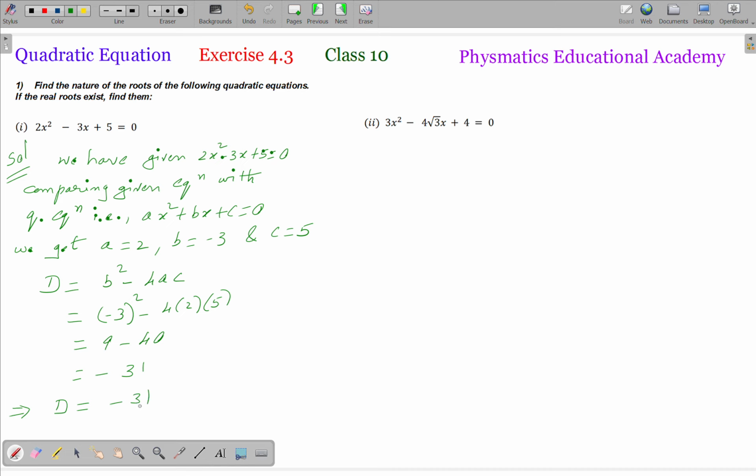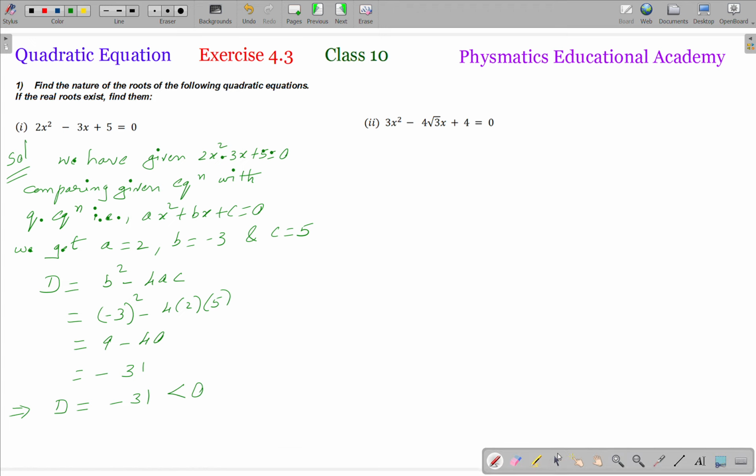That is, D is equal to minus 31, which is less than 0. The given quadratic equation has no real roots.